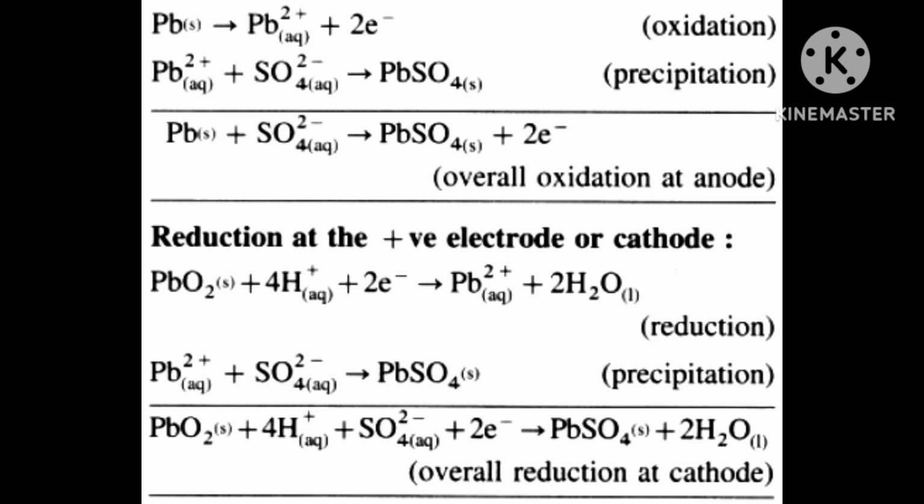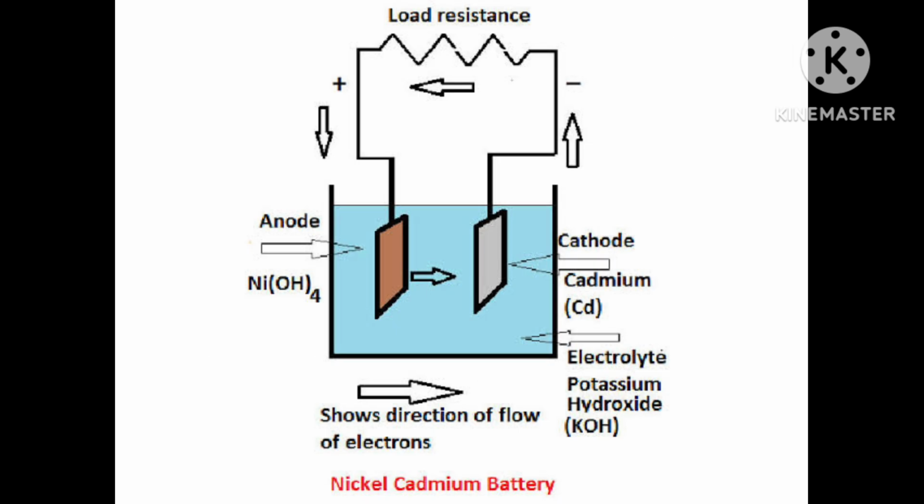During charging, the above reaction is reversed. This reaction will reverse when you charge it, meaning the reaction starts from the product side. The products will function as reactants, and it will give cadmium plus Ni(OH)3. Cadmium is the anode and Ni(OH)3 is the cathode. The product will become reactant, and the reactant will become product.